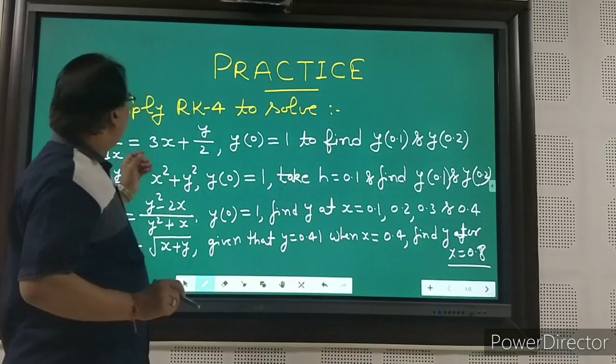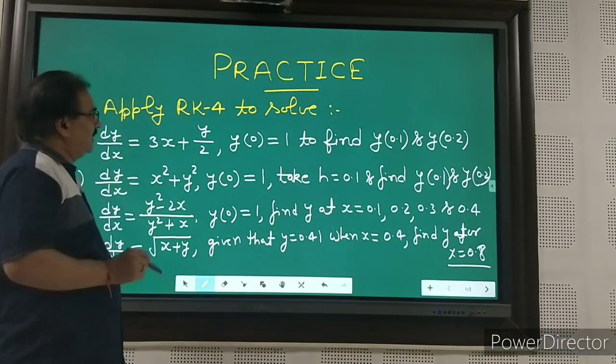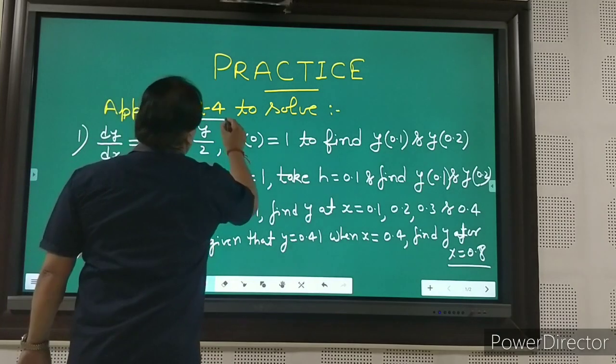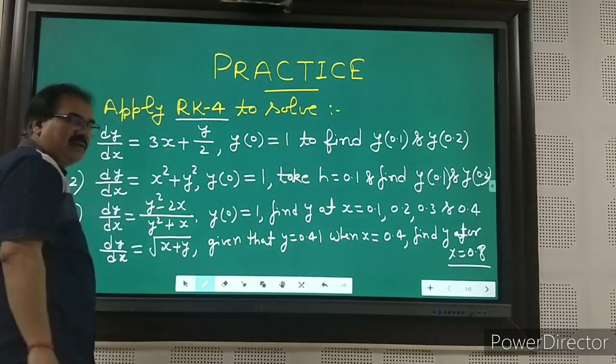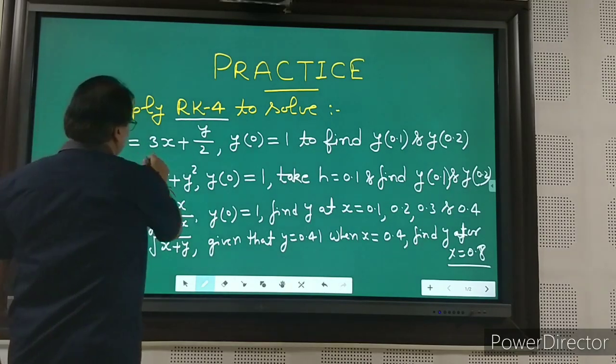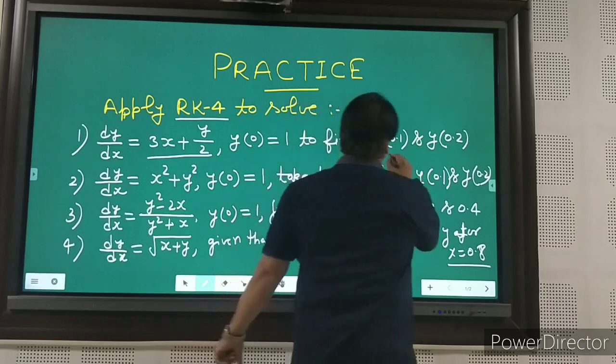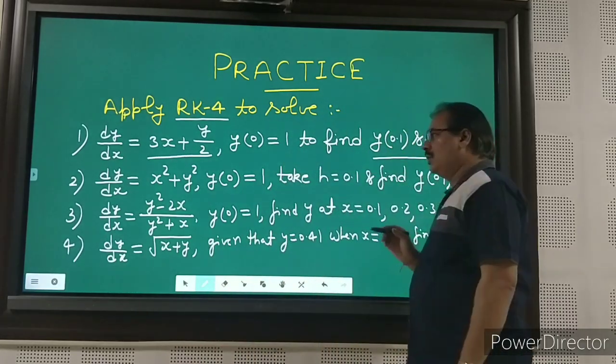This is for practice. We apply the Runge-Kutta fourth order method, RK4, to solve the following differential equation initial value problems. The first is dy/dx = 3x + y/2, where y0 = 1, to find y at 0.1 and 0.2.